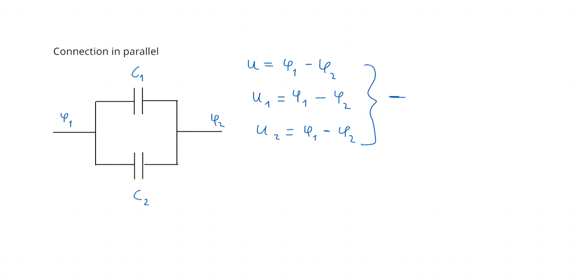From here we can make a conclusion that for connection in parallel, the potential difference of the first capacitor is equal to the potential difference of the second capacitor, and it is equal to the potential difference of the whole system.